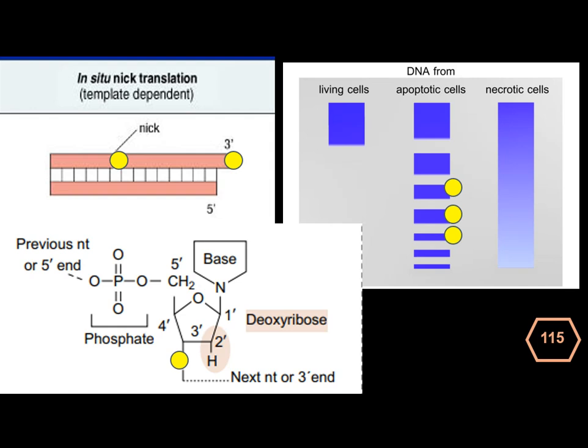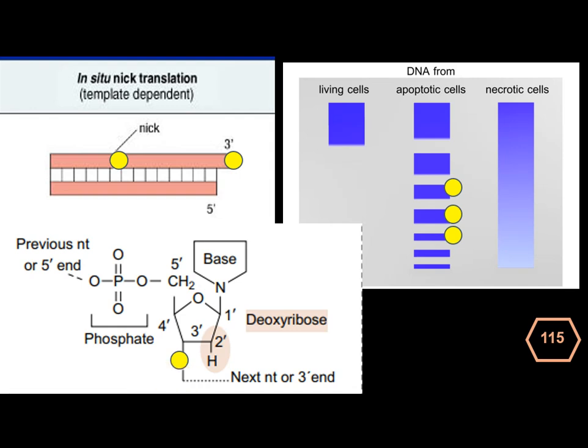So the nick is happening at the 3' end of your phosphate backbone, the phosphodiester bond, right? If this is a DNA polymerization or replication reaction, the new DNA should be added on the 3' end, right? Added right here, the 3' end of your sugar base.